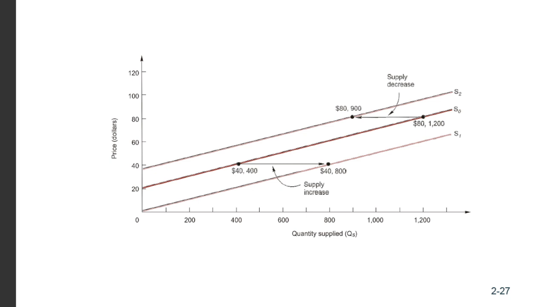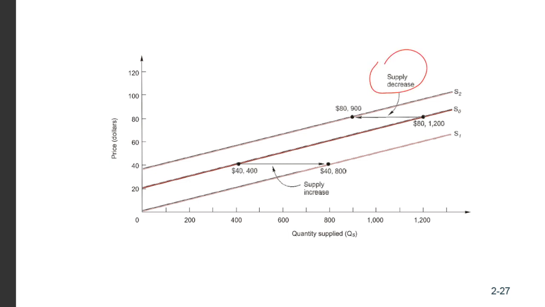So here what you see, so what could that be without knowing exactly? What could cause a supply decrease?